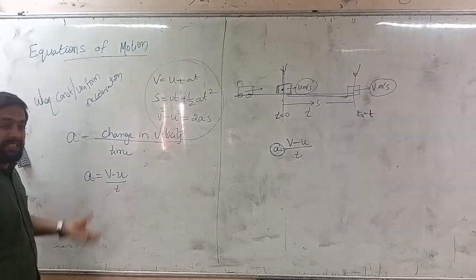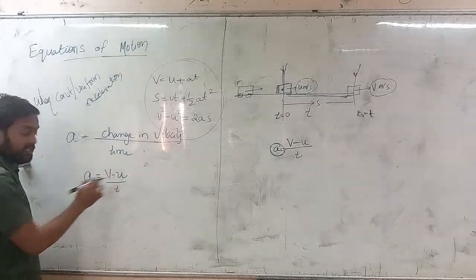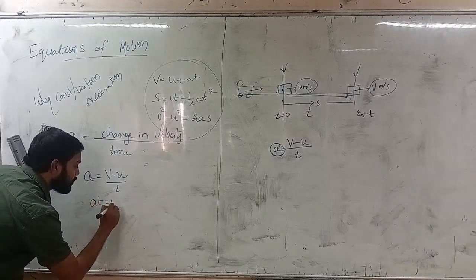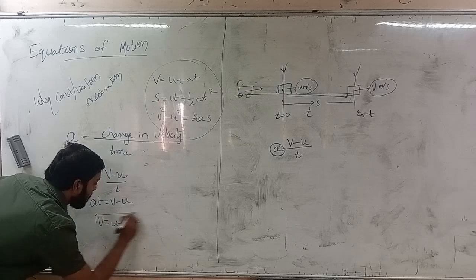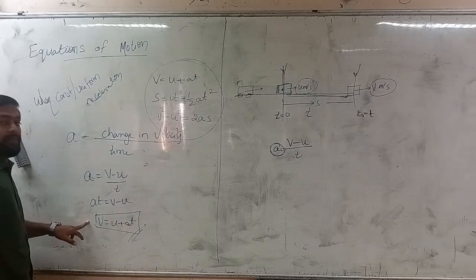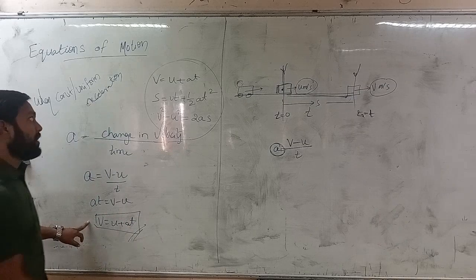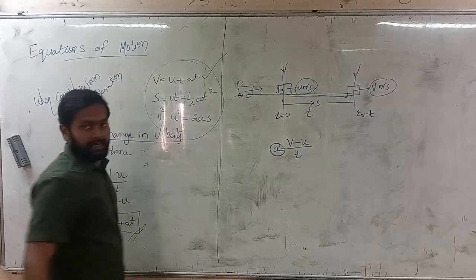By transposing this, we get at = v − u, so v = u + at. This is my first equation of motion.